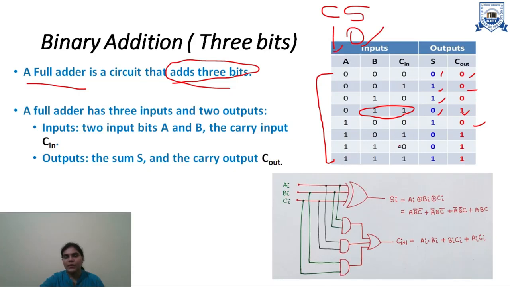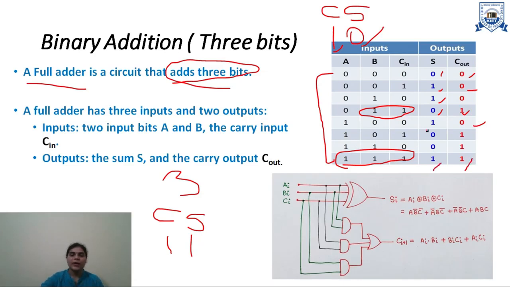Next 1,1,0. The same concept applies. Carry will be 1 and sum will be 0. Here 1,1,1. The decimal equivalent for this addition is 3, so carry will be 1 and sum will be 1, because in binary the representation of 3 is 1,1.